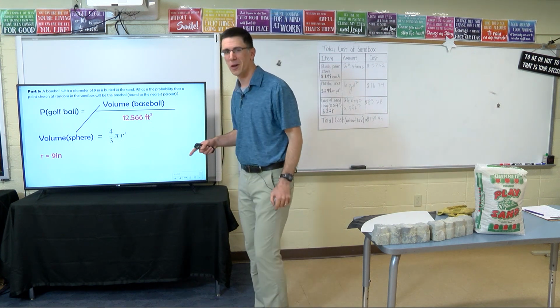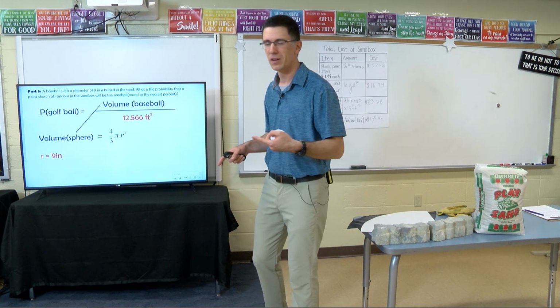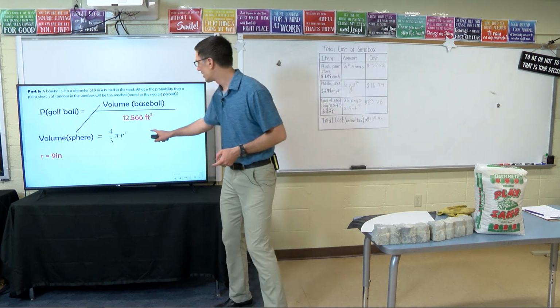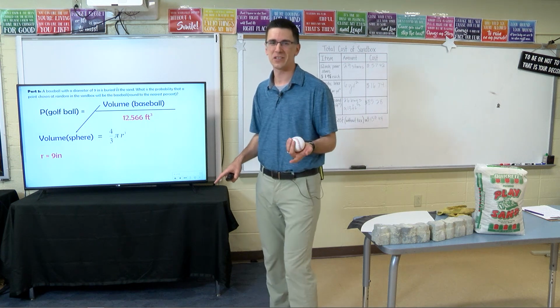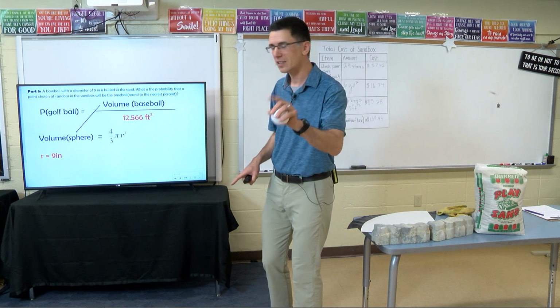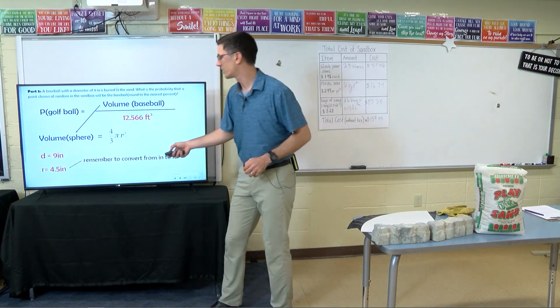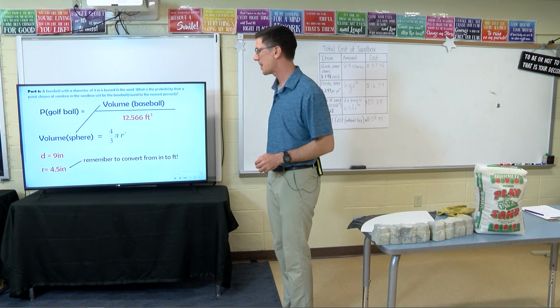Make sure you pay attention though, just like we have on two of the previous parts of this problem. This radius is in inches, and this volume is in cubic feet. So make sure that we convert this. Our diameter is 9 inches, our radius is 4.5 inches.